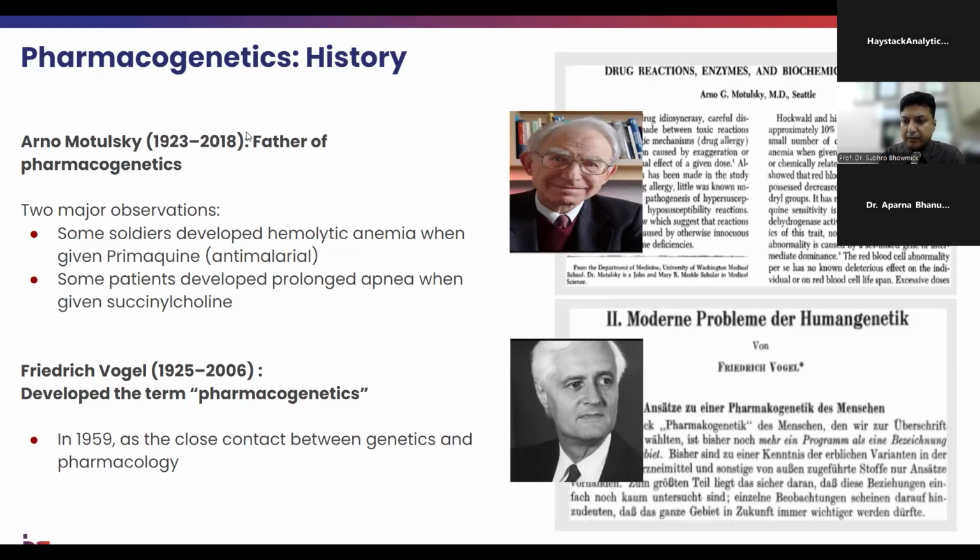So I come back to the example of Dr. Aparna and me. We are totally genetically different people. We will have different drug transporters, cell surface proteins, so the drug will manifest its action completely differently. On the other hand, when the metabolism takes place in our liver, there are various enzymes present in the liver, and the CYP family, the cytochrome P450 family, is responsible for metabolism in the liver.